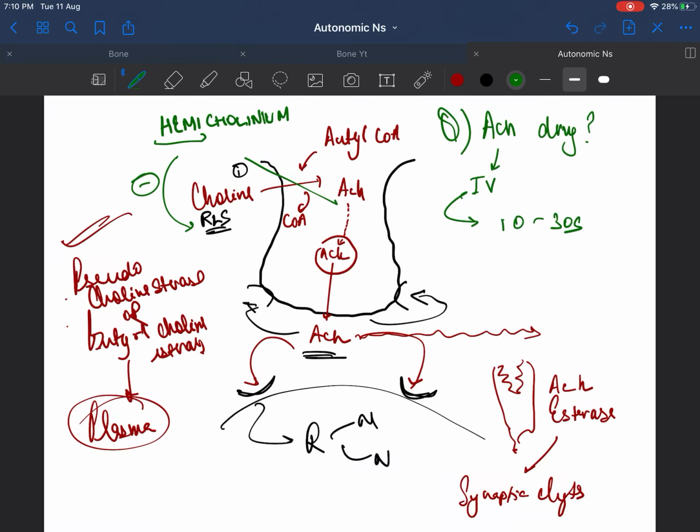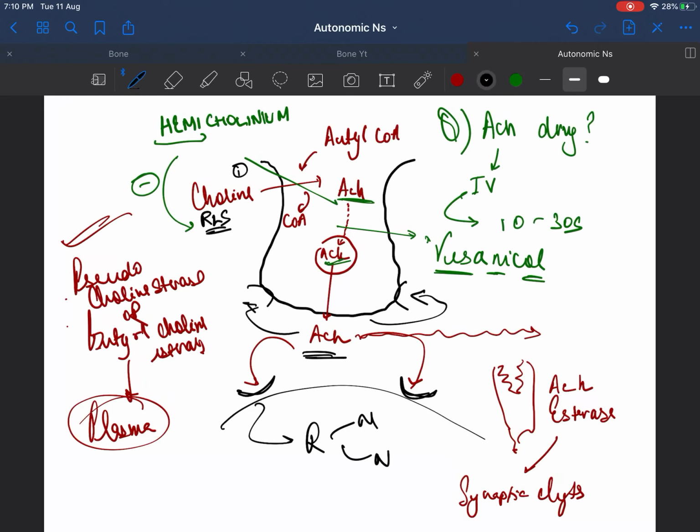The second drug, which can inhibit the entry into the synaptic vesicle, is vesamicol. You can remember this drug. This drug actually inhibits the entry of the nascent acetylcholine inside the synaptic vesicle.